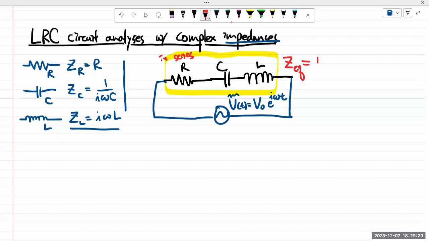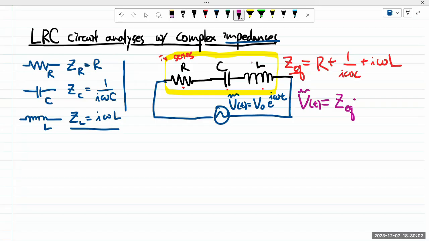So you say, okay, that's my resistance, R, plus the impedance of the capacitance, 1 over i omega C, plus the impedance of the inductor, i omega L. And that's your equivalent impedance. And the whole motivation for introducing impedance being trying to recover the simple form of Ohm's law, you can say from Ohm's law that the voltage across all three circuit elements is given by their equivalent impedance times the current as a function of time.